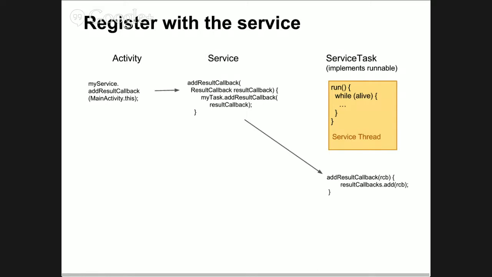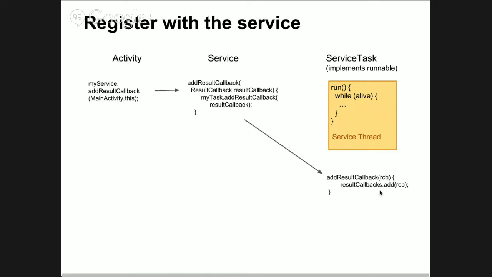Okay, so the call to subscribe is initiated by the listener, which in this case suits us well, right? Because the listener is the app, and the app has a reference to the service. So that's what we do. This is not standard, it's our decision, but we will be defining an add result callback call.